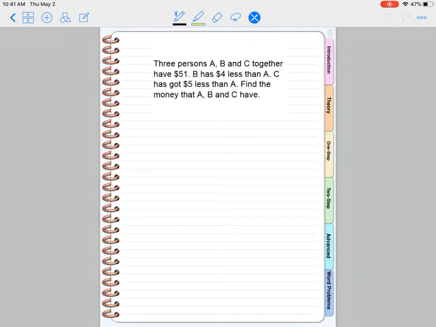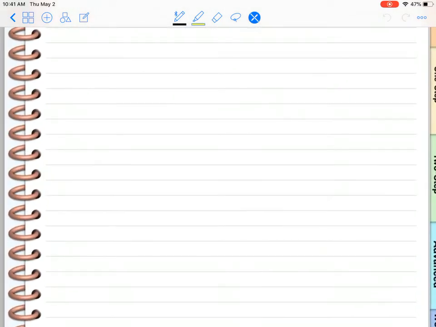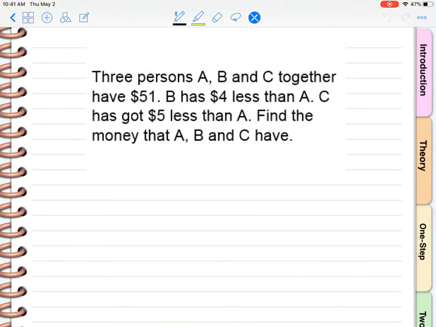Okay, moving forward to problem 3. 3 persons, A, B, and C, together have $51. B has $4 less than A. C has got $5 less than A. Find the money that A, B, and C have.